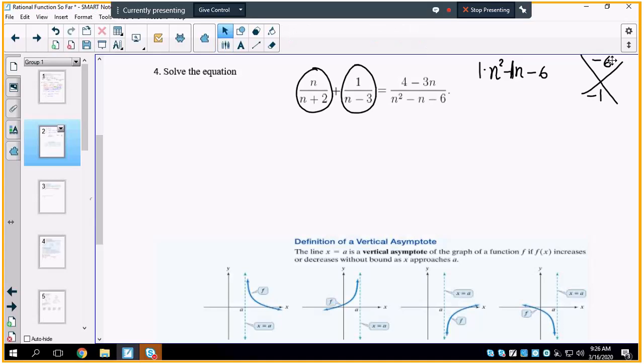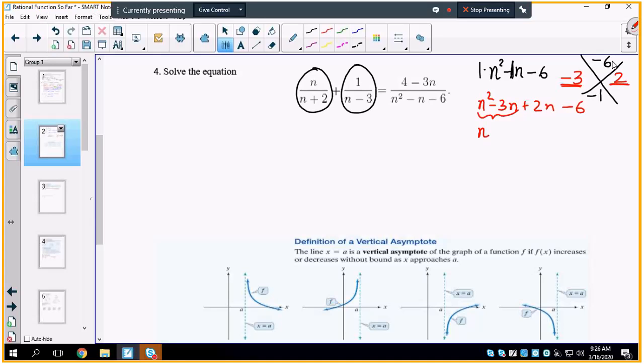So recall, if you multiply negative 3 and 2, you get negative 6. And if you add them, you get a negative 1. So what do I get to say? I get to say n squared minus 3n because of this minus 3, plus 2n because of this plus 2, minus 6. Then out of the first pair of terms, you can factor out n and you will be left with n minus 3.